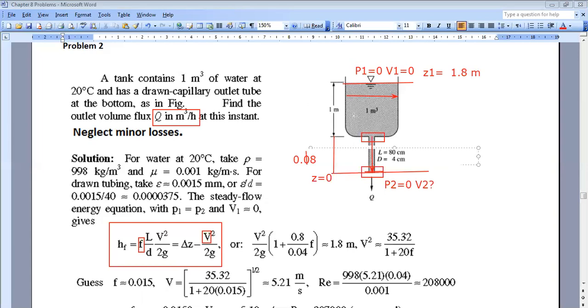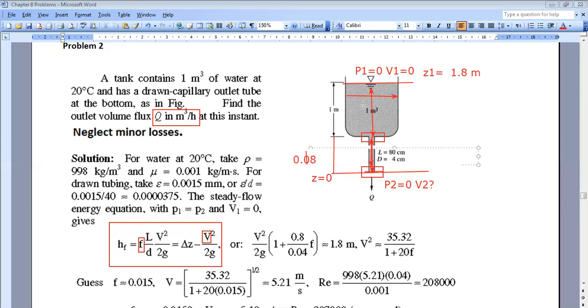You divide the major losses: in this part as a function of the average velocity in this part, and the major losses in part 2 as a function of V2. But you can correlate both velocities through the equal volumetric flow rate.